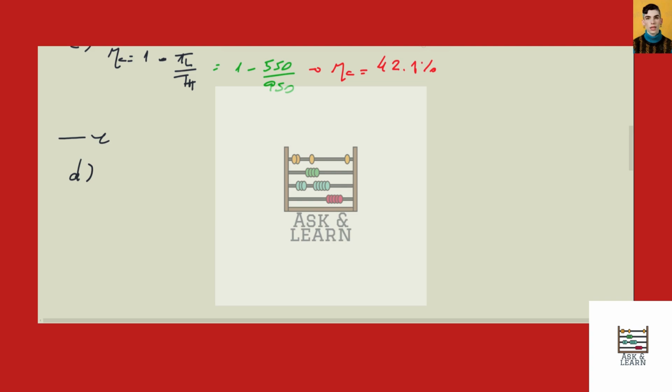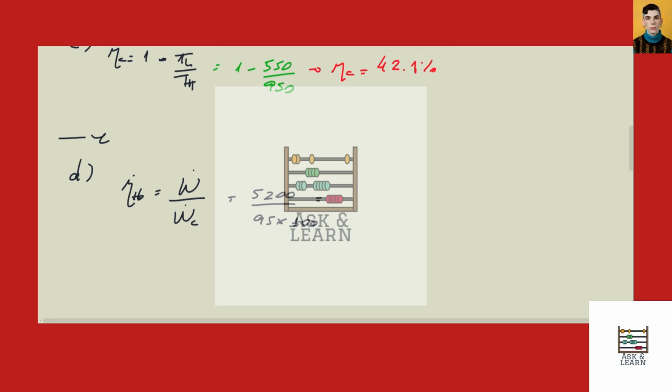So the second law efficiency is going to be the net work divided by the Carnot work, and this is just 5200, which is the net work, divided by the Carnot work, which is just 95, which is the mass, times the work, and the work is 100.